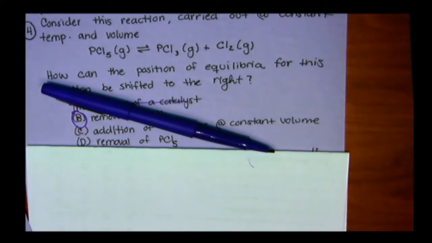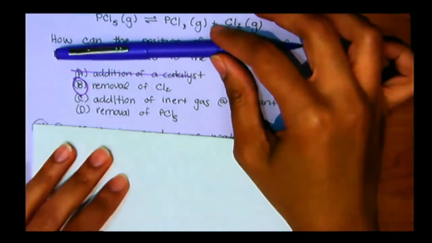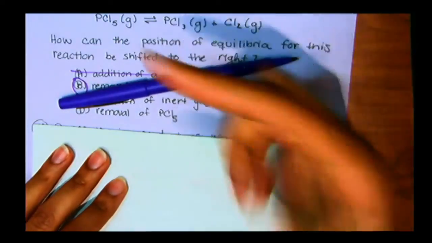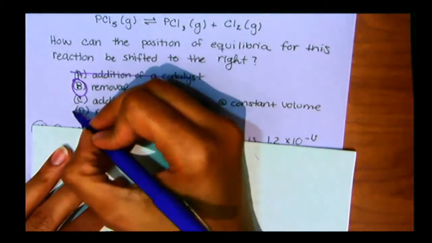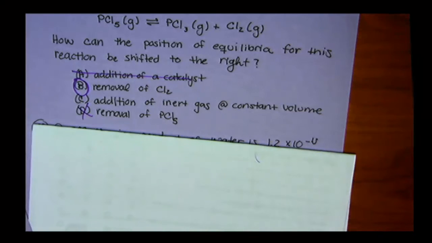I'm actually not sure about the gas because I always forget that law, but I was lucky. But let's go over it anyway. If you add an inert gas, you're going to increase the pressure. So when it comes to pressure, does it go towards fewer moles or more moles? Towards more moles? All right, so an increase of pressure is going to go to more moles.